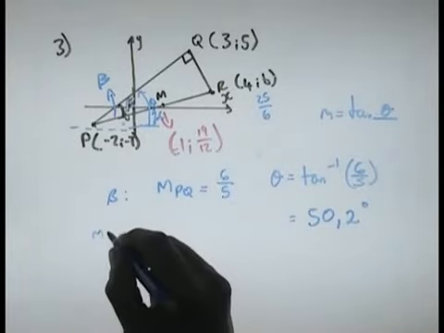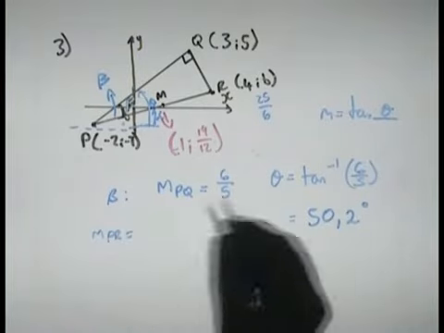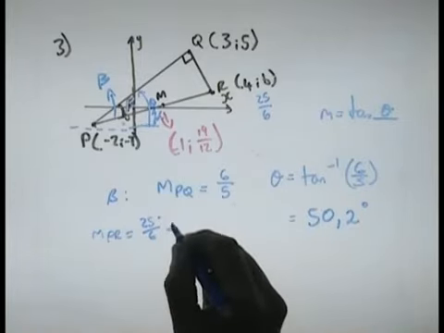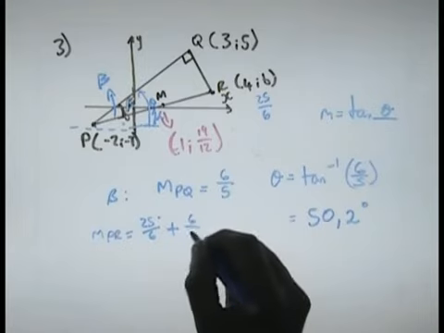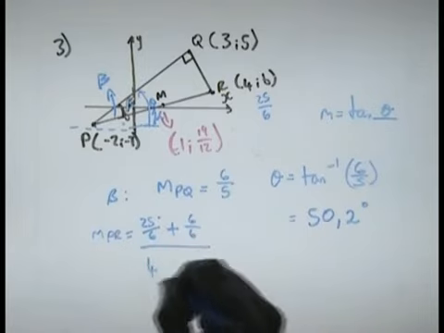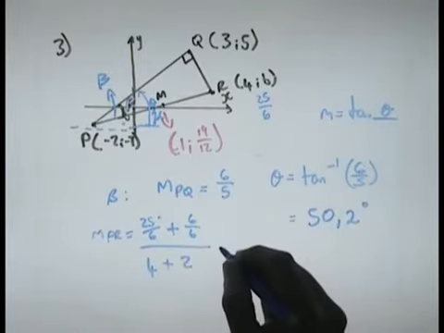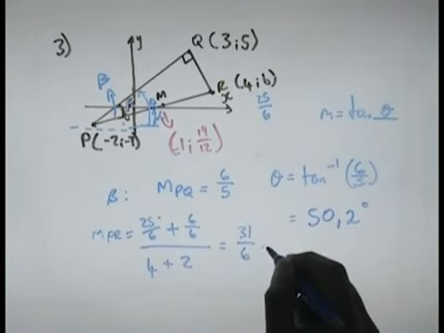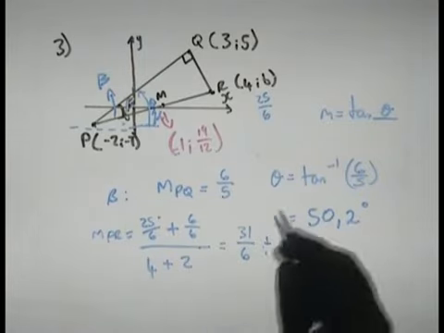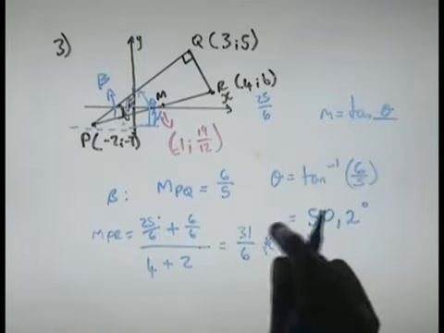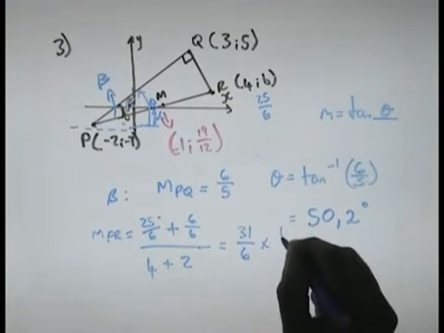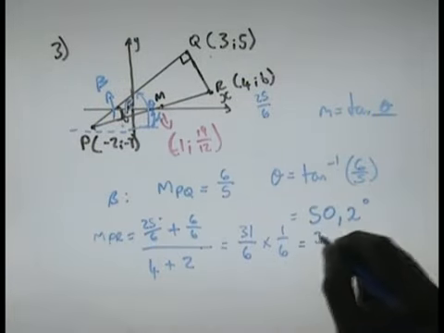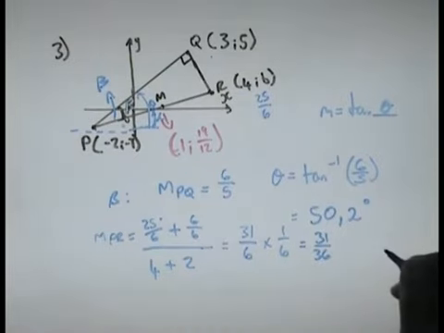Again, we're going to say the gradient of PR is going to be given by 25 over 6 minus y1, so it's plus 1 or plus 6 over 6, divided by x2 minus x1, which is going to give me 25 plus 6 is 31 over 6, divided by 4 plus 2 is 6 over 1, or rather multiplied by 1 over 6. 31 over 6 multiplied by 1 over 6 is going to give us an answer of 31 over 36.